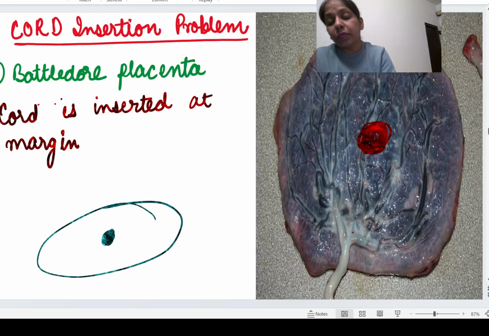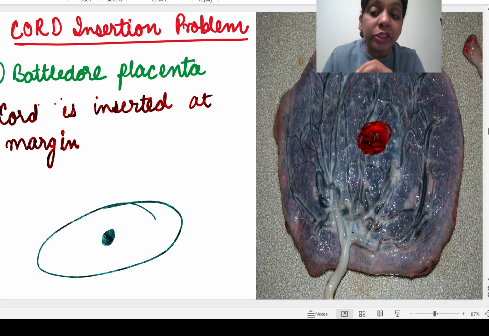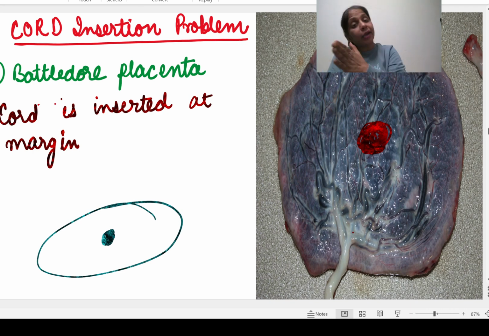The other type of placenta is battledore placenta. What is battledore placenta? Battledore placenta is the placenta in which the cord is not inserted in the center. It is inserted at the margin.